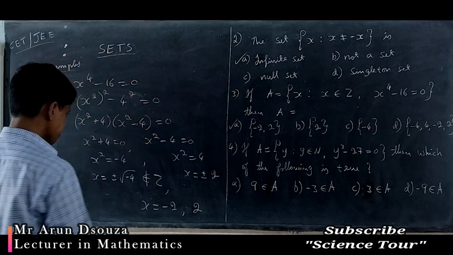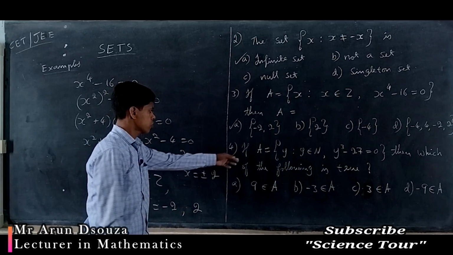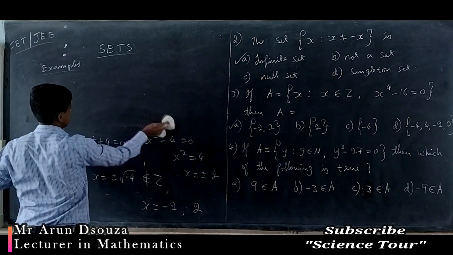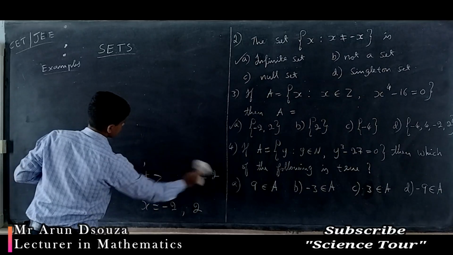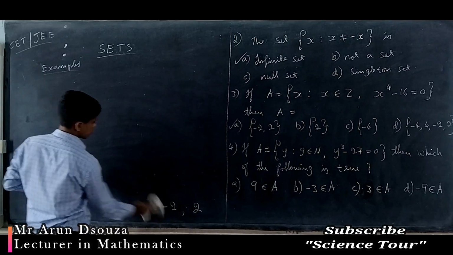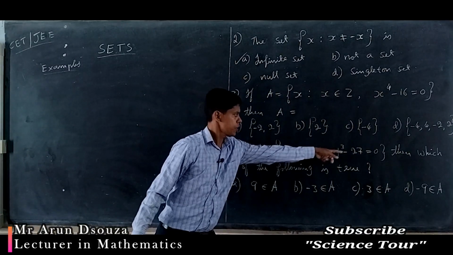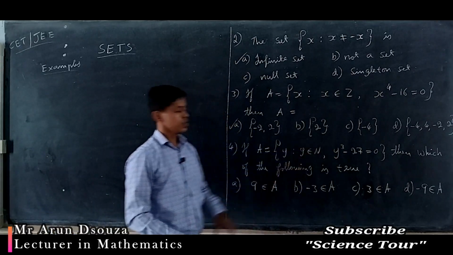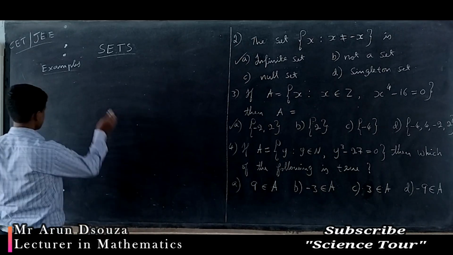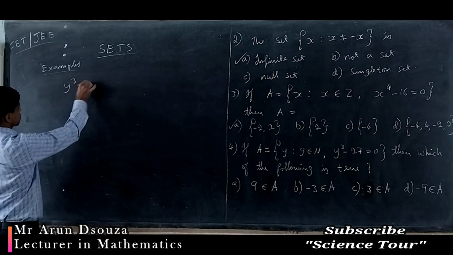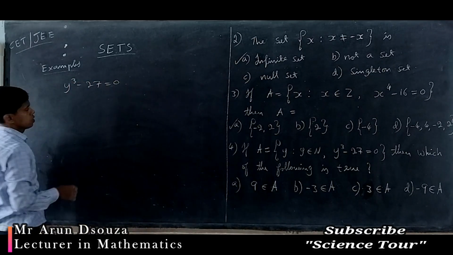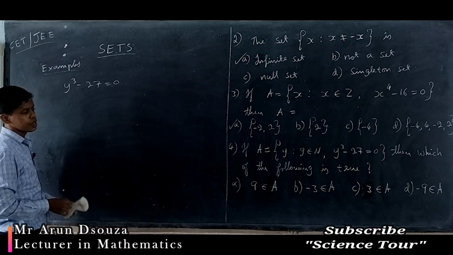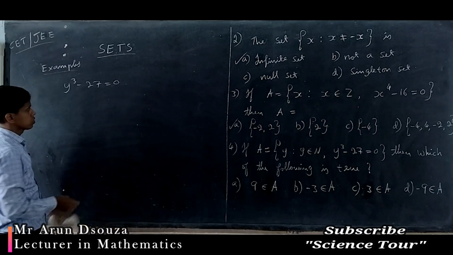Well, moving on to the fourth question, you have a similar equation. You have y cube minus 27, and y should be a natural number. So you can write the a cube minus b cube formula and you can get 3 outcomes.